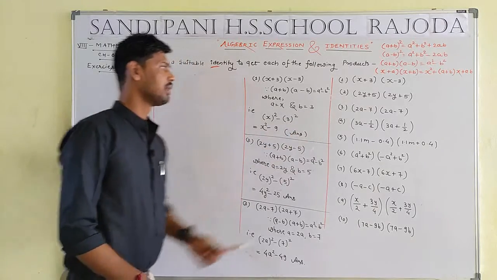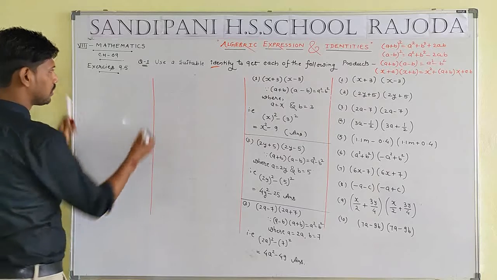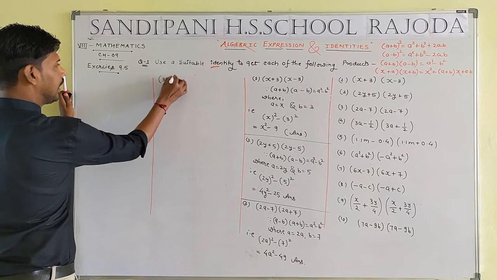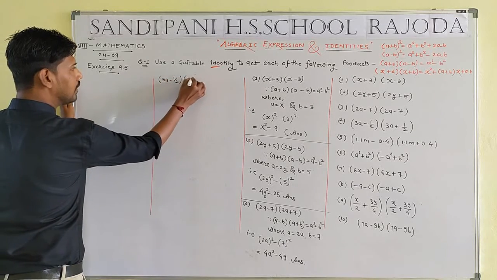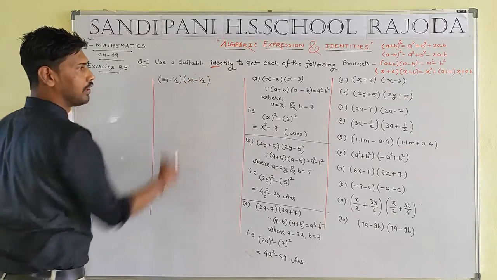Now we will start with question number fourth. What is the demand of question number fourth? Here (3a minus 1 by 2) and (3a plus 1 by 2).